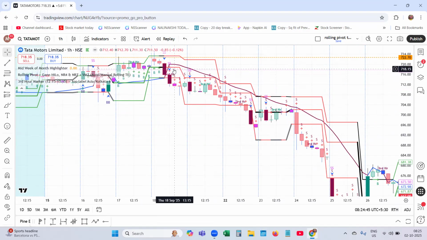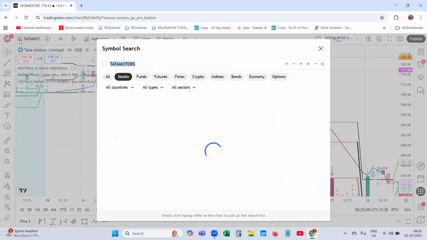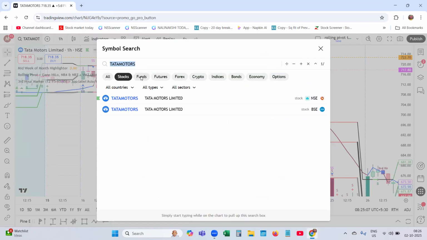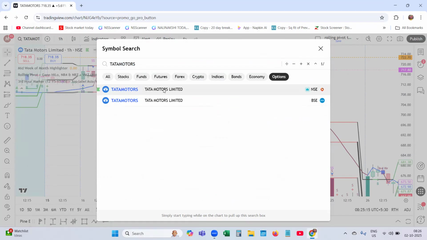You could have held, as an option trader, a put option. Let us check what has happened to the 720 put option. Probably it might have become zero. Let me go to the 18th. I may not get the data of last month, September, but we can check the October month.